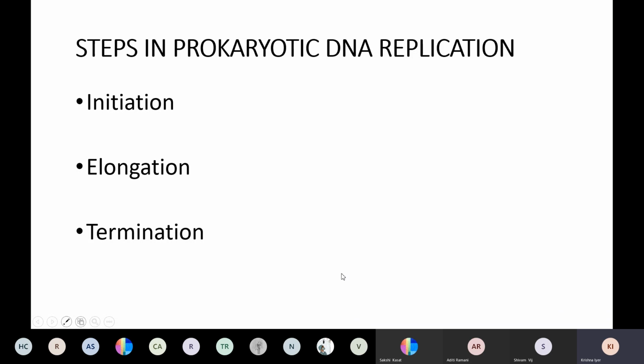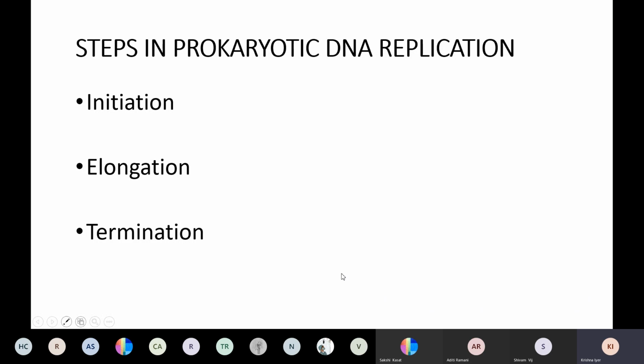Because the maximum information we have today is from studying these systems, we are going to look at prokaryotic DNA replication, mainly what we call the theta model. After that, we will look at eukaryotic replication, or our own replication, and look at how it is slightly different from how it occurs in bacteria.